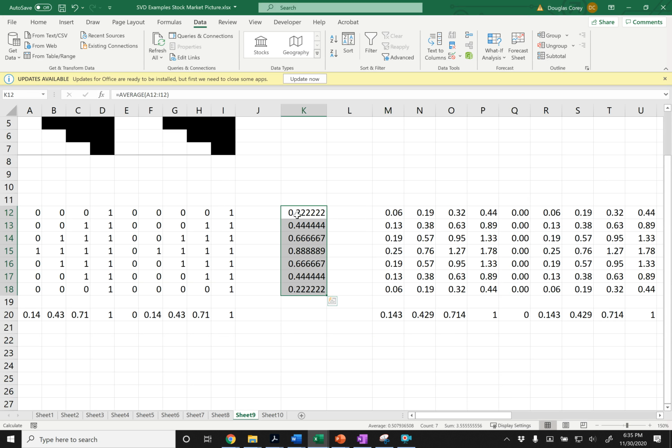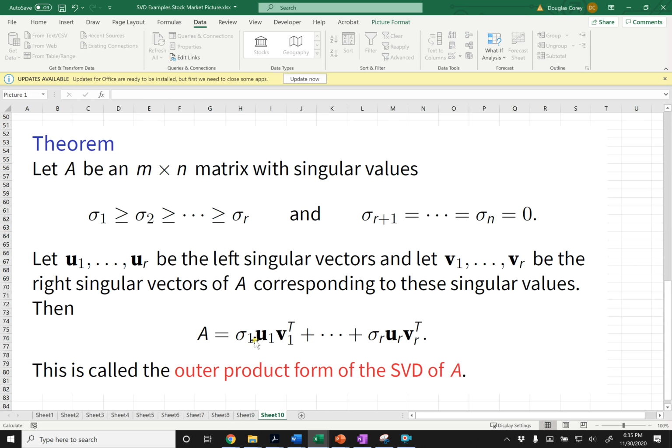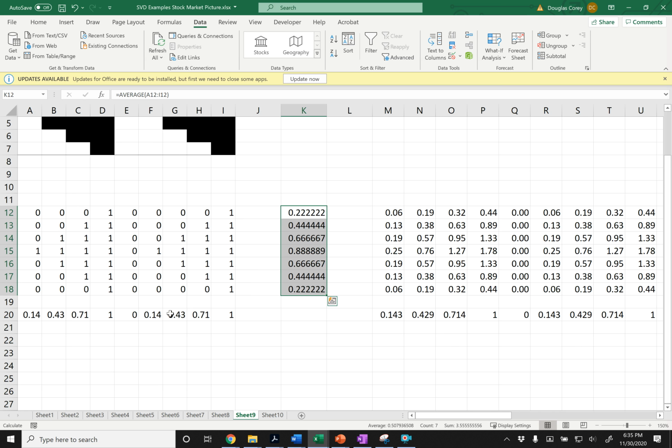This vector corresponds to basically the first important vector, one of these vectors right here, U1 or V1 transpose. It turns out to be something close to U1. And here, this is close to V1 transpose. And this tells you something about the structure of what's going on. It looks like there's lots of ones in the middle and not very many ones on the outside.